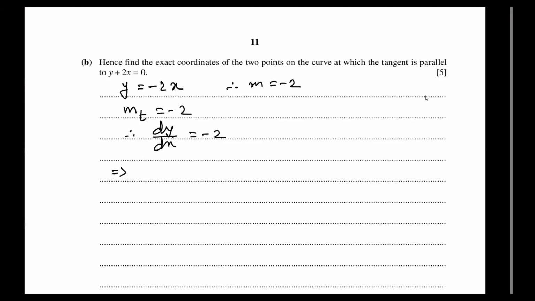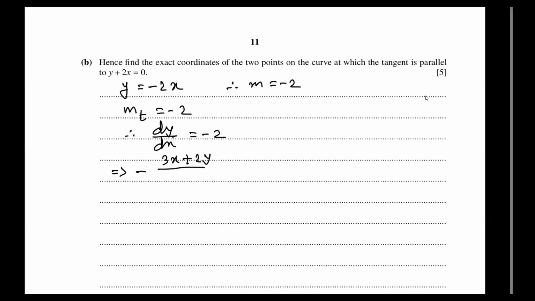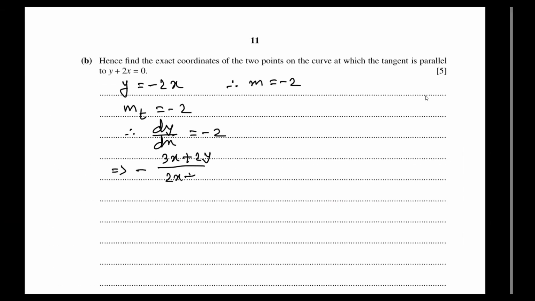Now, remember dy by dx: minus, the numerator is 5x plus twice y, and the denominator is twice x plus twice y, equal to minus 2. So, cross multiplying, 4x plus 6y equals 6 plus 2y.